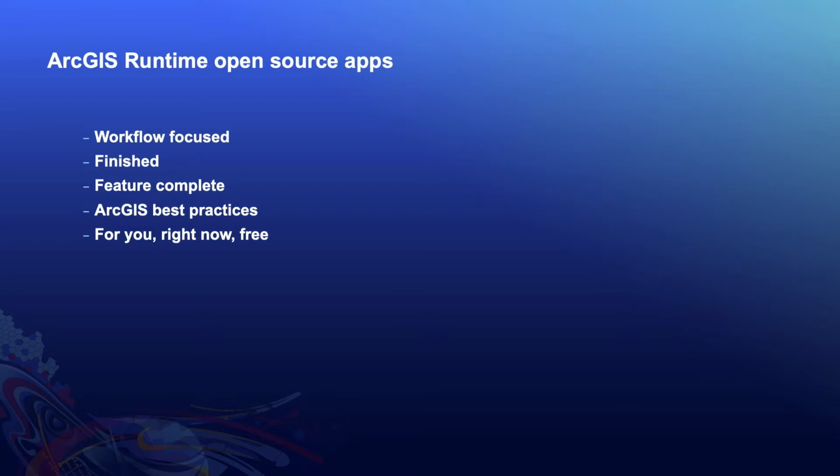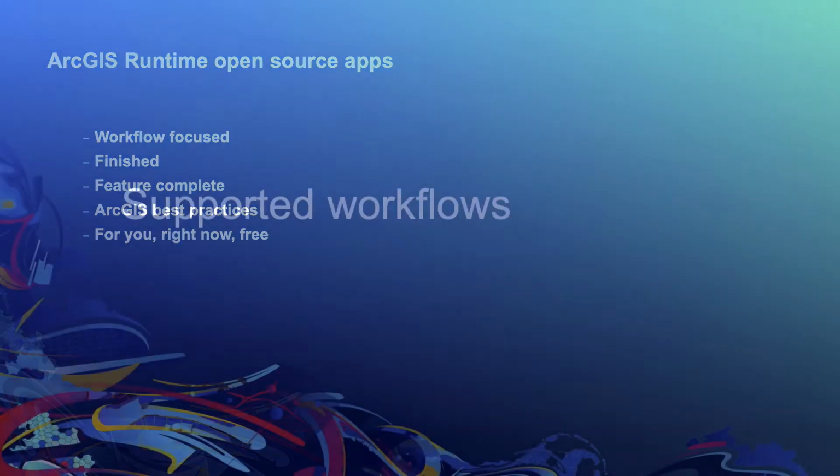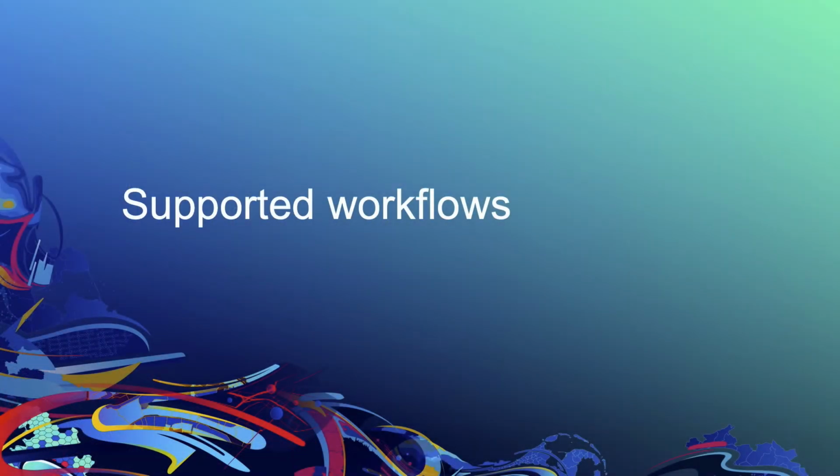These apps adopt what we call ArcGIS best practices, a set of techniques for consuming runtime APIs, as well as implementations following popular and standard platform design patterns. Most importantly, licensed under the Apache 2 license, these apps are written for you, are available right now, and are completely free. All right, let's have a look at some of the open source apps workflows.